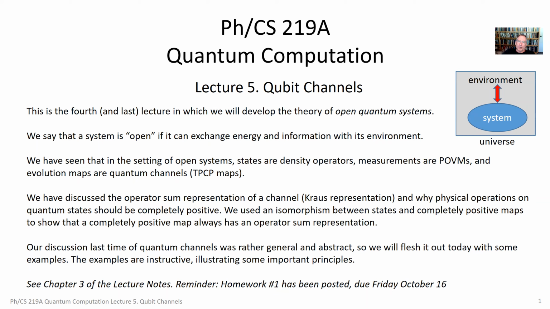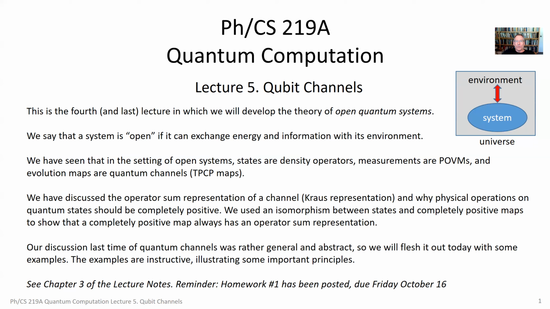And last time we talked about how quantum states evolve when systems are open. That's described not by unitary maps as for closed systems, but instead by what we called quantum channels, also known as trace-preserving completely positive maps. And we discussed how a channel can be given an operator sum representation, also called a Kraus representation.